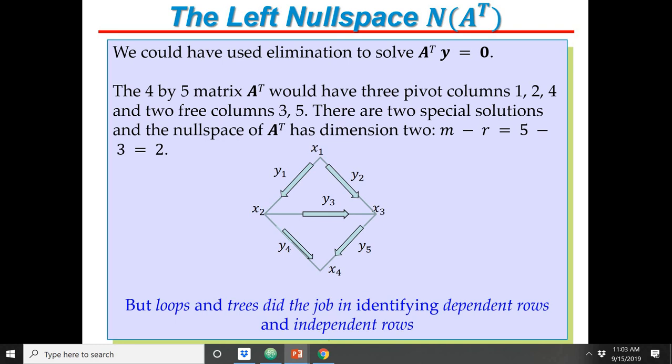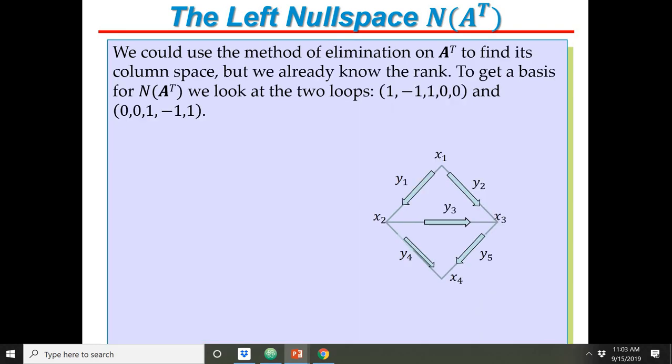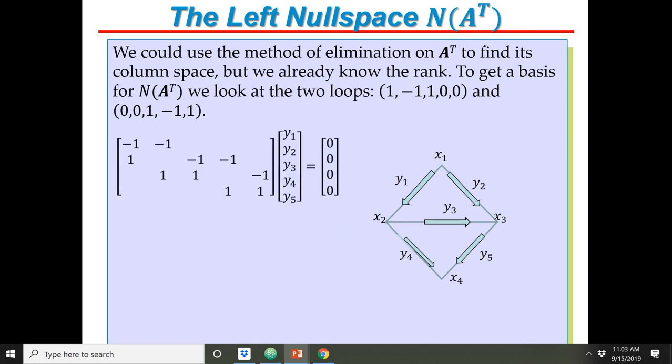But what I want to do now is affiliate the left null space for this circuit problem with a little bit of physics. We need to bring some physics and see that linear algebra is capable of capturing some fundamental laws in physics. So let's see what those laws are going to be.